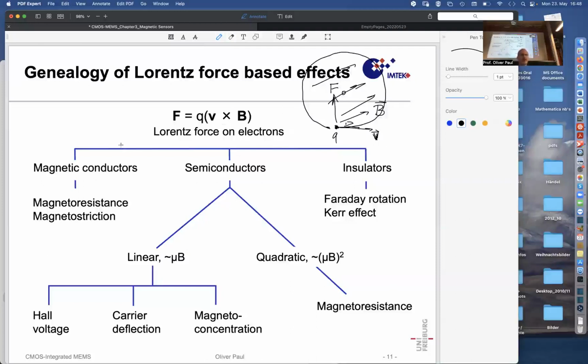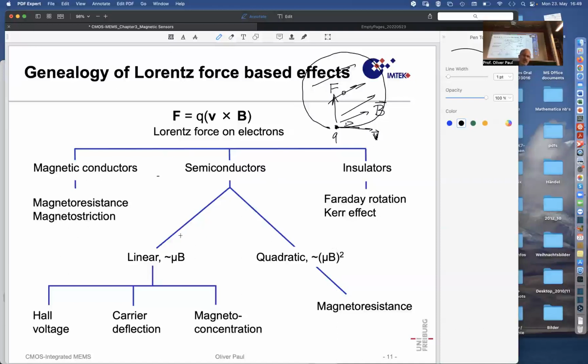Then we have the more traditional materials, conductors and semiconductors. In conductors, you have some magnetoresistance, some magnetostriction, but the Hall effect is not so strong. In semiconductors it's quite interesting, because you have a very strong linear effect and then a less strong quadratic effect, the magnetoresistance, like in the conductors.